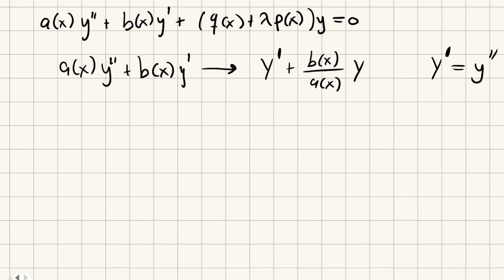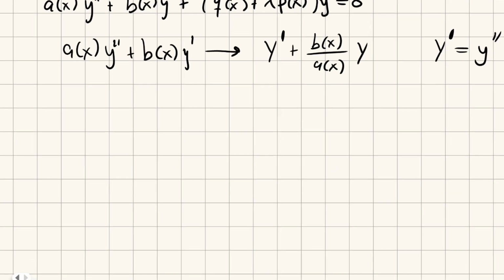We know that these kinds of expressions can be expressed as the derivative of the product of two functions. In this case, we are going to look to express this as the derivative with respect to x of the product of some factor mu times y.